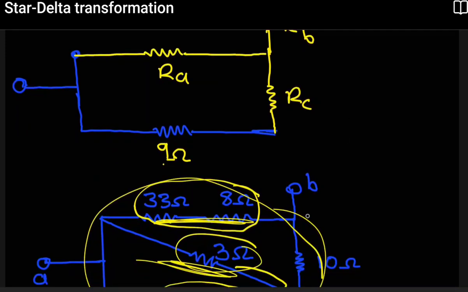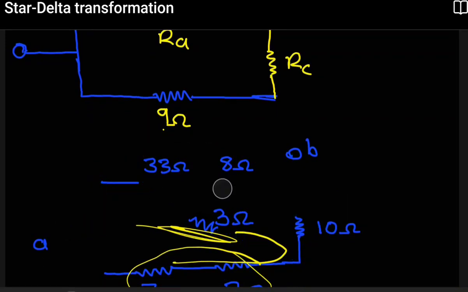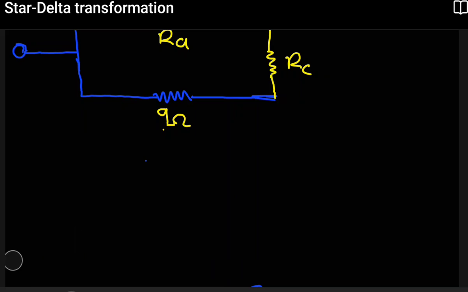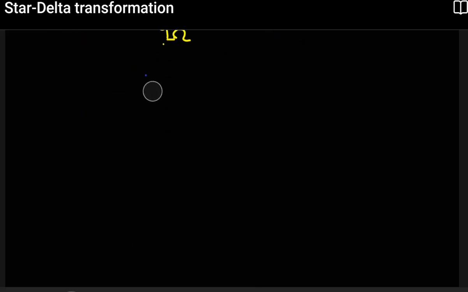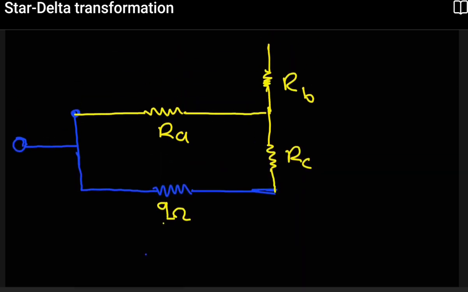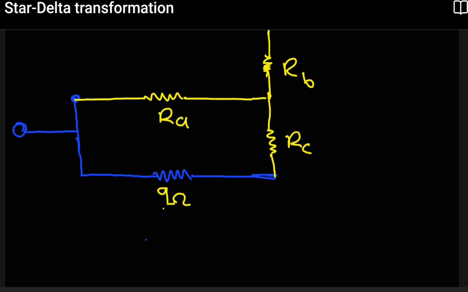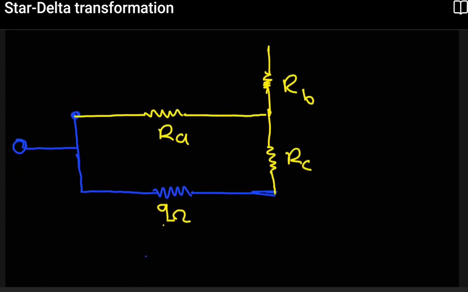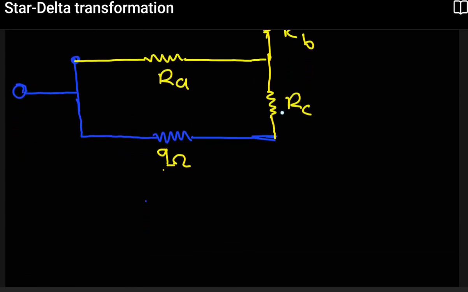So from here, let's continue now to work it out the normal way, since we have made the transformation. Having made the transformation, it's clear what we have to do. We know what RA, RB, and RC are. So now let's find the effective resistance of our circuit. Of course, we'll start with these two. They are in series, so we're just going to add them. I'm going to get the total resistance there.